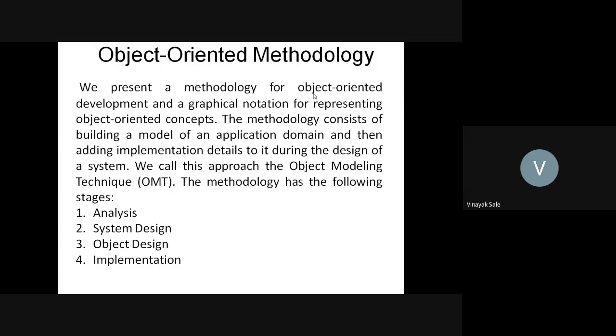In the object-oriented methodology, we present a methodology for object-oriented development and a graphical notation for representing object-oriented concepts. The methodology consists of building a model of the application domain and then adding implementation details to it during the design of the system.